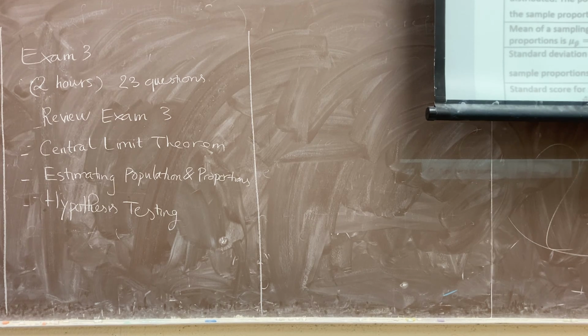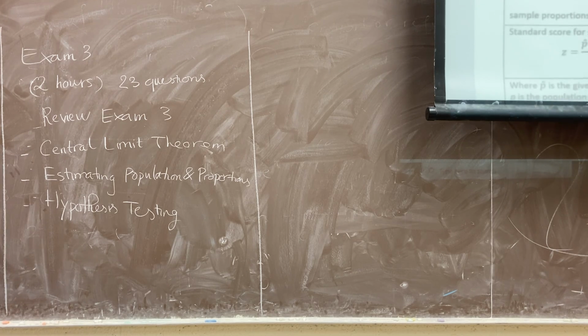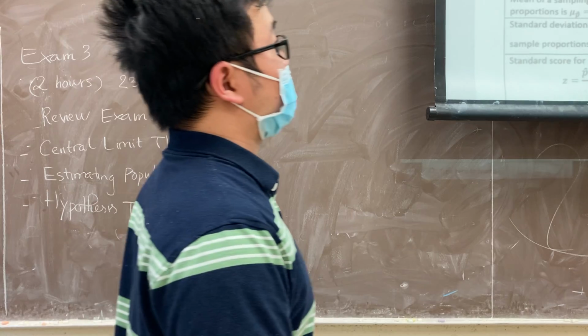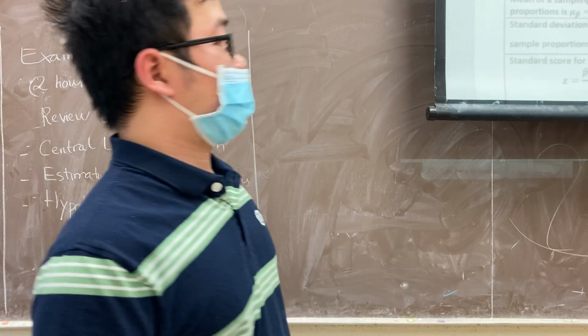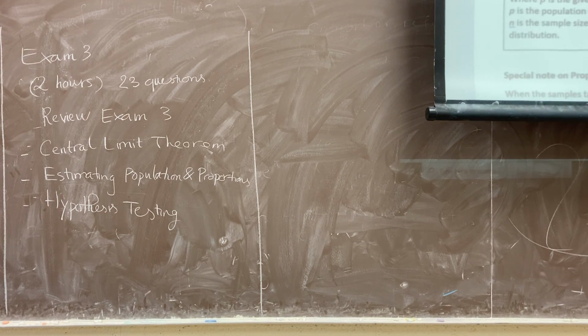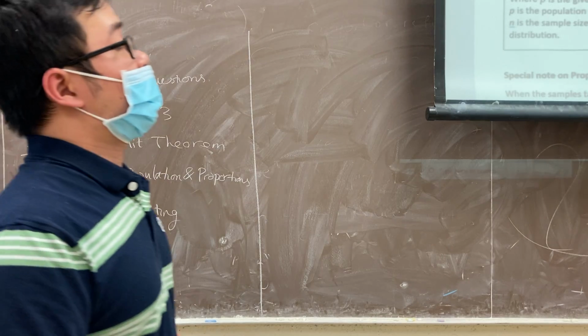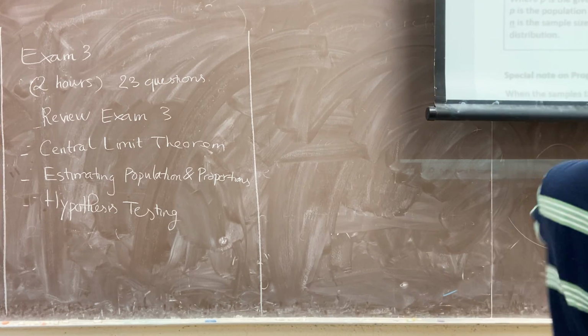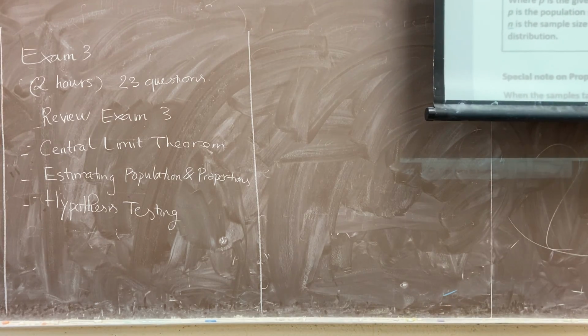Now I will move on to the first one, the central limit theorem in chapter 7. In this chapter, you need to remember how to use the central limit theorem to find the probabilities for the sample means and the sample proportions. The formula depends on the situation. For example, when the question has the mean, we will use the formula in this table.